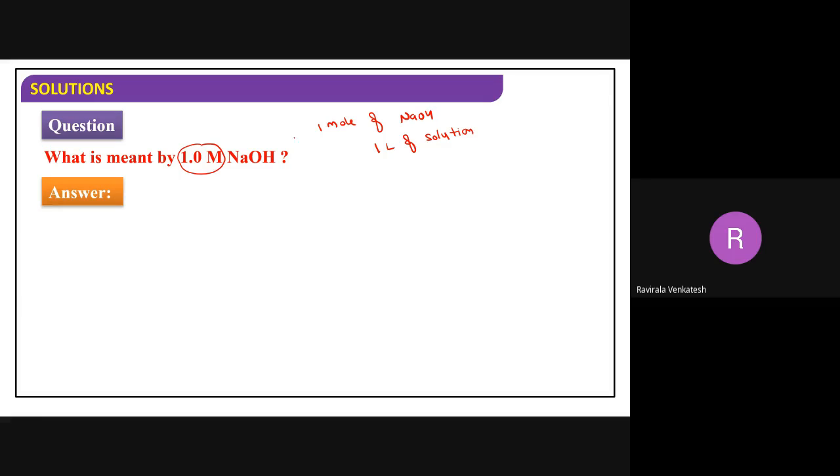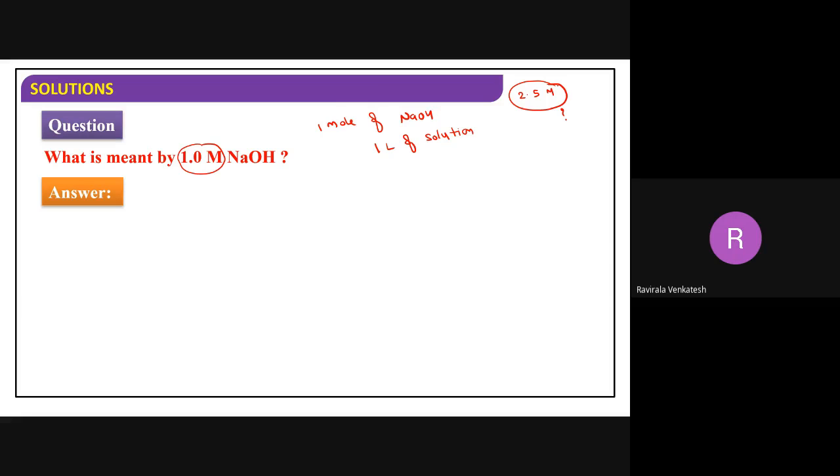Correct or not? That is called 1 molar. For example, if they say 2.5 molar, how many moles of solute are present in 1 liter solution, beta? 2.5 moles.